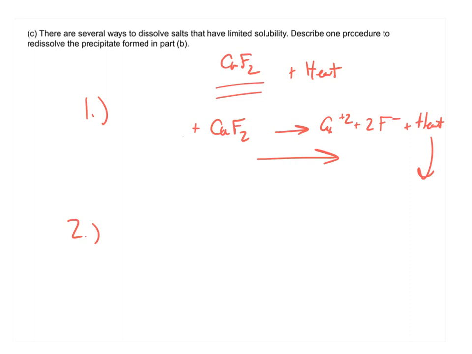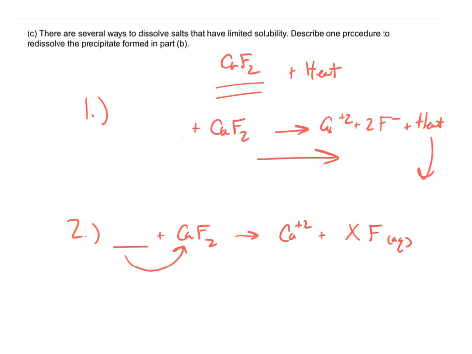The second most common way to dissolve salts that have limited solubility is take the salt CaF2 and figure out, in a single displacement sort of situation, what is a metal that is more reactive than calcium on the activity series that could come in and kick out calcium, so that calcium is now an aqueous ion, and then the mystery ion plus F- is also aqueous.